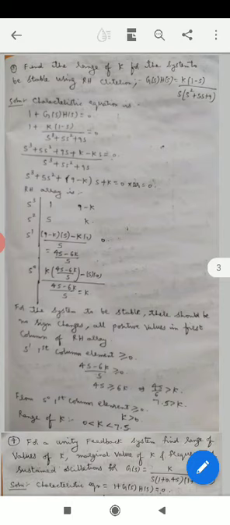These two rows we write directly from the characteristic equation given in the problem: the highest power of S, then the next highest power of S. The next values you have to determine using the Routh method. You take the product of the secondary diagonal elements, (9 minus K) into 5, minus the product of the primary diagonal elements, 1 into K, divided by the first element of the previous row, which is 5.